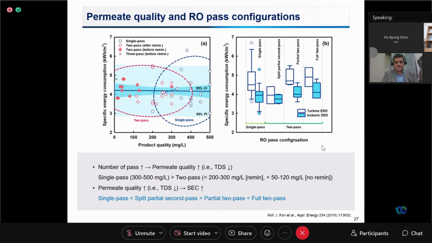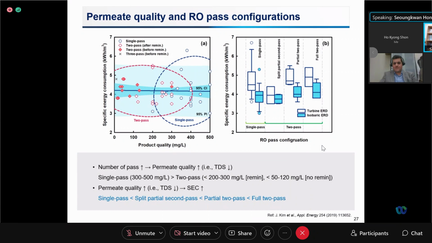Lastly, permeate quality and RO pass configuration. It is expected that if the number of passes increases, permeate water quality is improved. Single pass configuration typically produces 300 to 500 mg per liter TDS, while 50 to 120 mg per liter of TDS is produced by a two-pass system, as shown in this diagram.